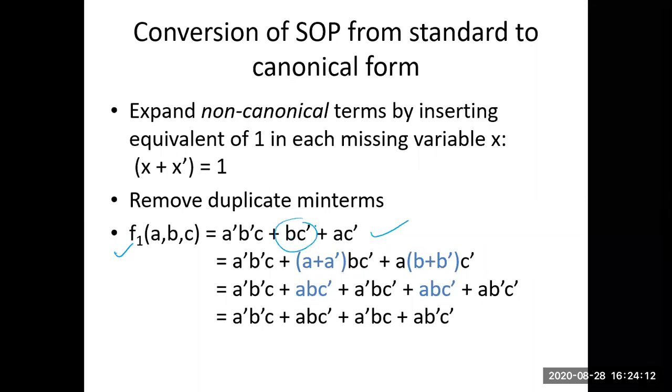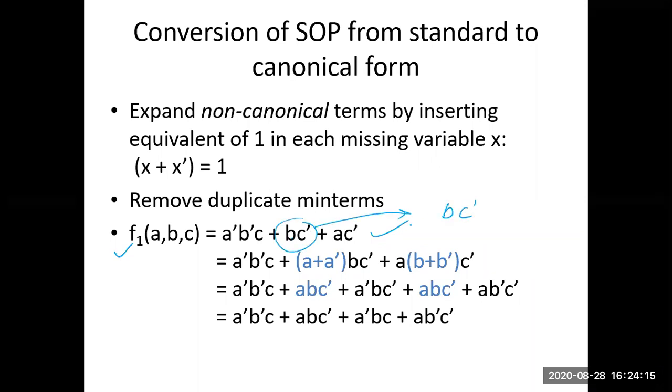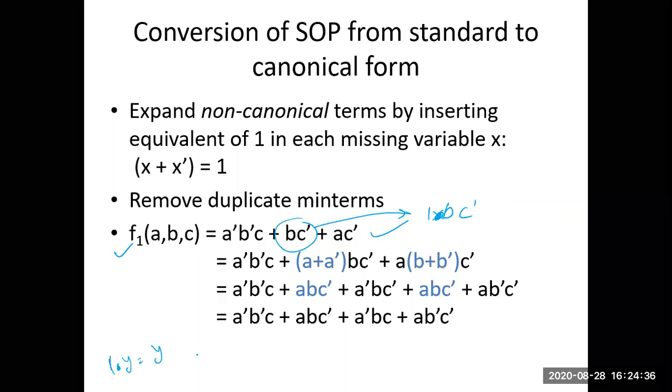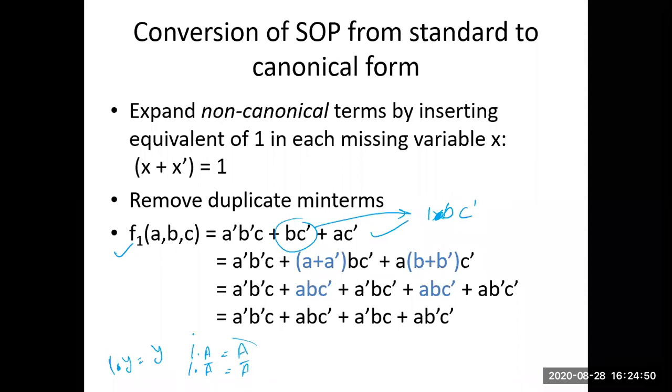So first I am writing this B C bar as a multiplication of 1, because you already know that if I do the AND operation of 1 with any function y, I will end up with y. Y can be anything, it can be a bar, b bar. If I am doing 1 with a bar, I am ending with a bar. If I am doing 1 with a, I am ending with a. These things I already told you in the previous lecture.